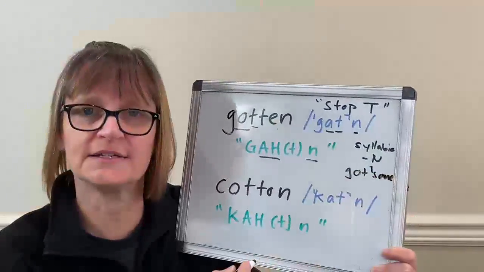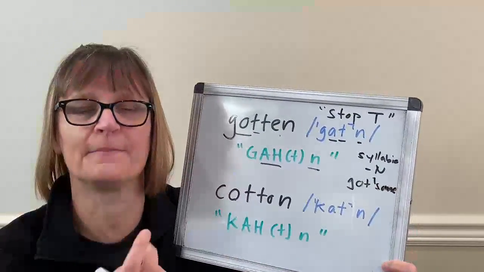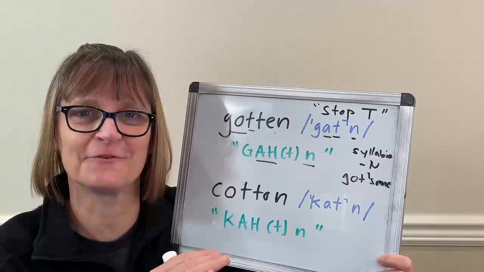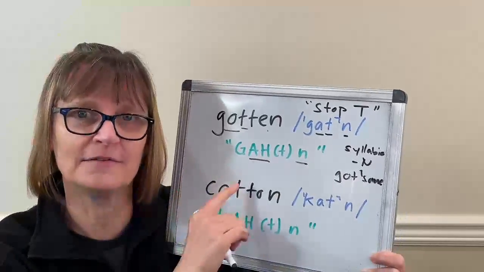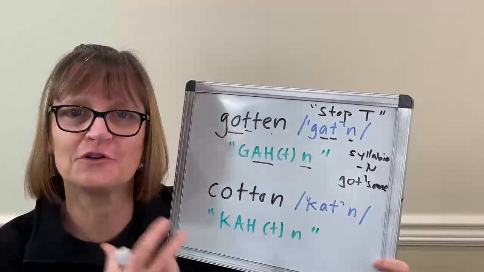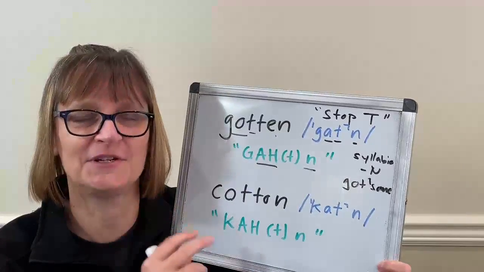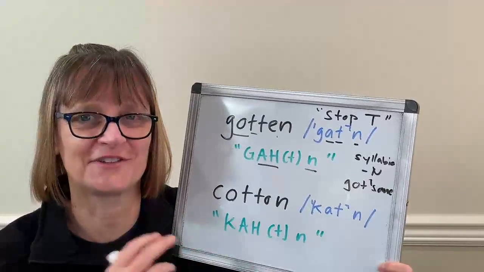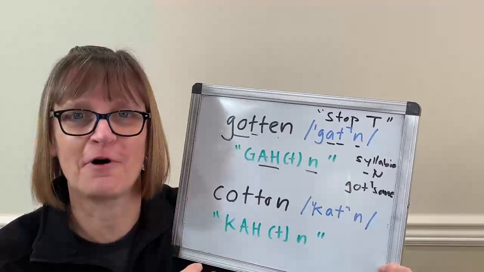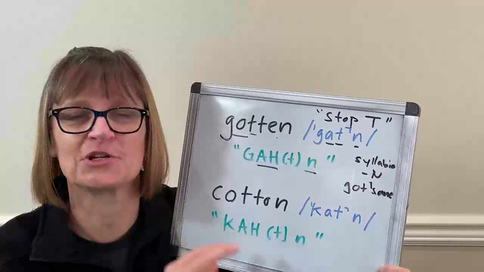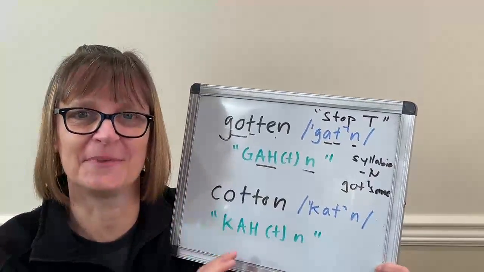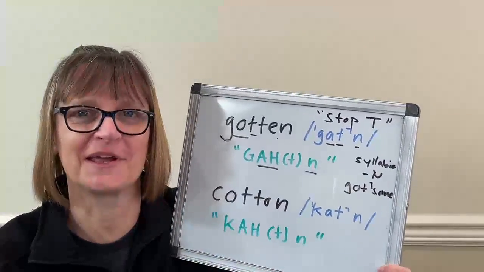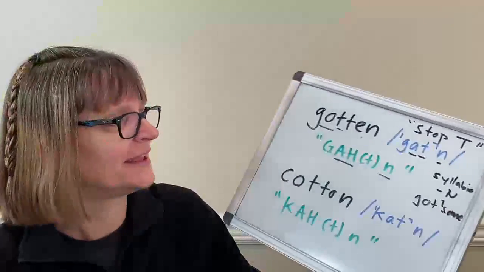I wouldn't say got some with a burst, I would say got some, stopping the T and releasing right into the S of some. Gotten, got some. You can learn more about this stopped T, how we do it in the middle and ends of words, in our Sounds of English course, where I walk you through all of the different sounds of English, especially what the T does in the beginning, middle, and ends of words, because it's a pretty complicated sound in American English.